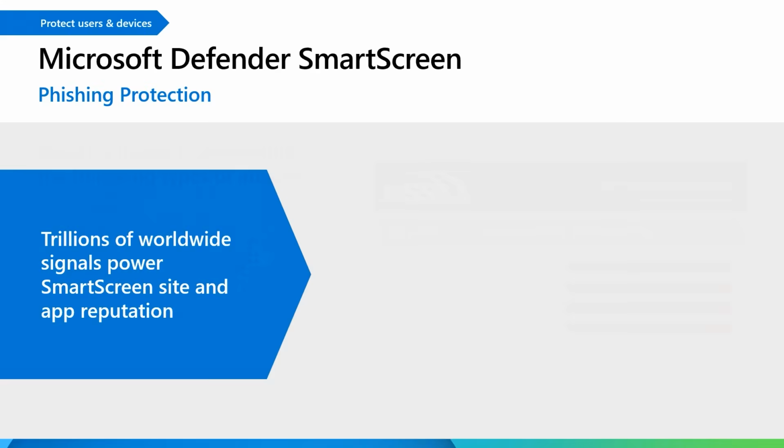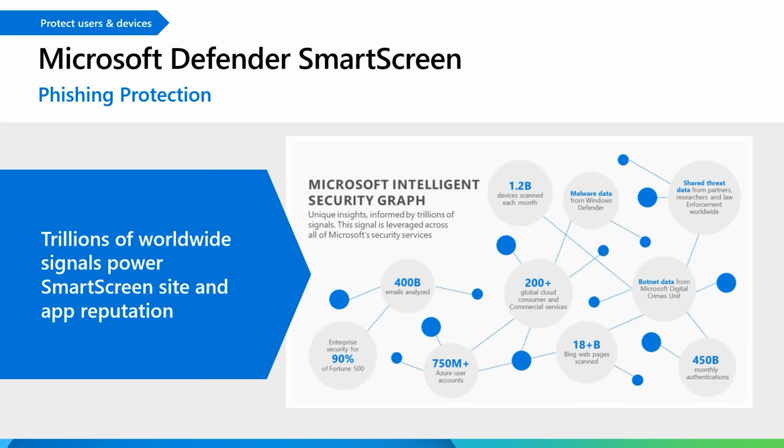And the reason why Defender SmartScreen is so powerful for phishing protection is that it is informed by trillions of worldwide signals that are collected by worldwide assets that Microsoft has.